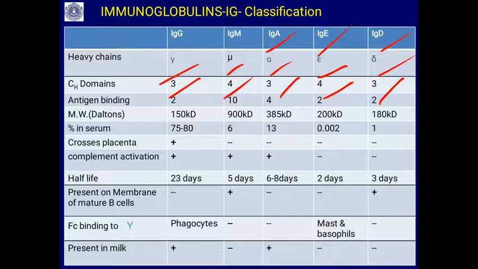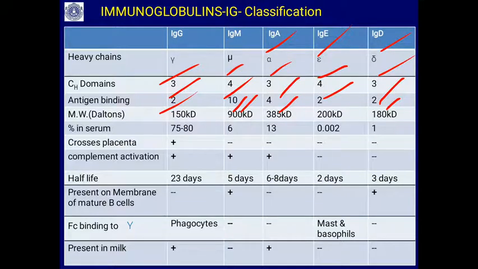Antigen binding: there are 2 binding sites in the IgG molecule, 10 binding sites in IgM, and 4 binding sites in IgA because it is dimeric. IgE 2, IgD 2.